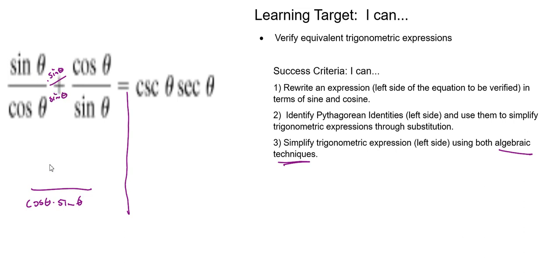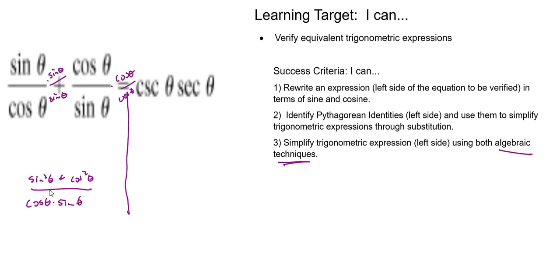Sine of theta times sine of theta is going to equal sine squared of theta, and that gives me cosine over sine. If I want to get cosine sine, I have to multiply top and bottom by cosine of theta. Cosine times cosine is cosine squared of theta. And I can combine these, and we have that.